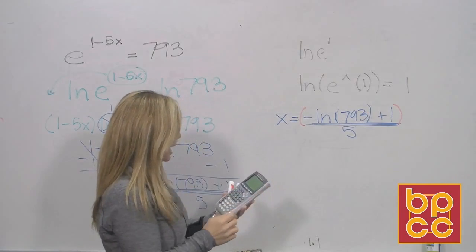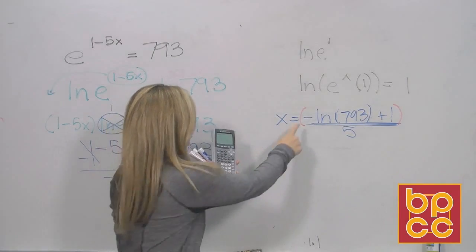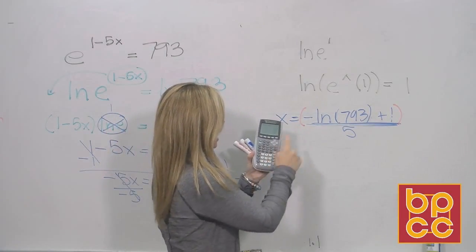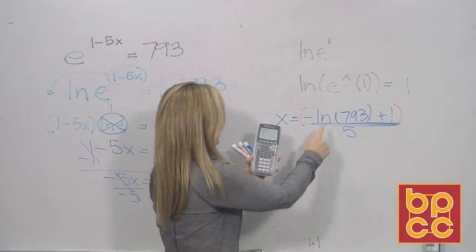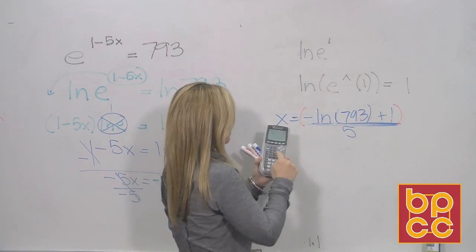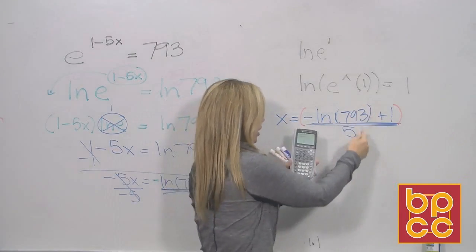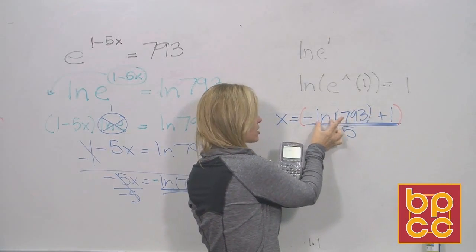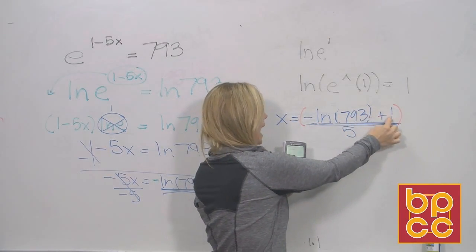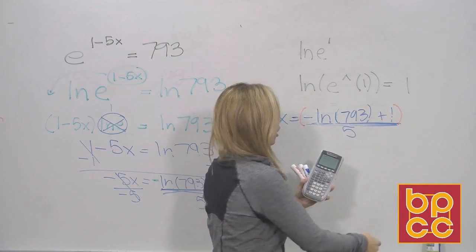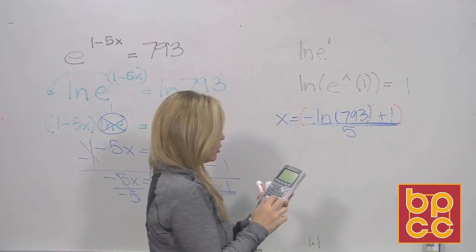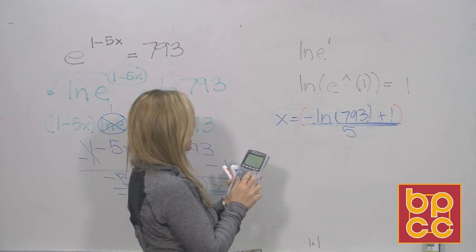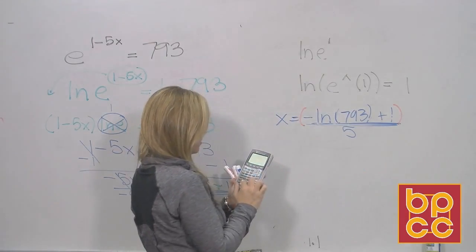So when we type this in the calculator, we're going to type negative ln, it opens a parentheses. We're going to type 793. We're going to close it. That tells the calculator only this number belongs to the natural log. We're going to add 1. We're going to close it again. So you opened a parentheses in the beginning. There's your open parentheses.